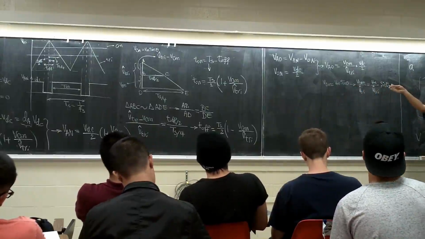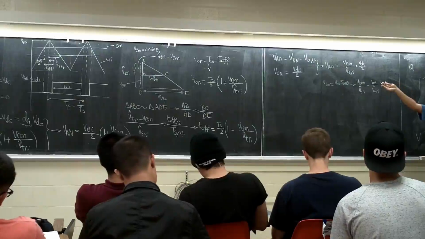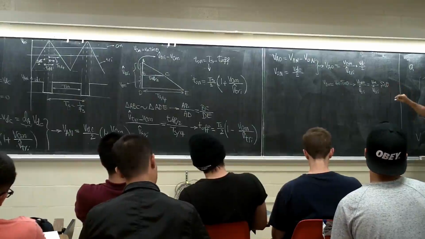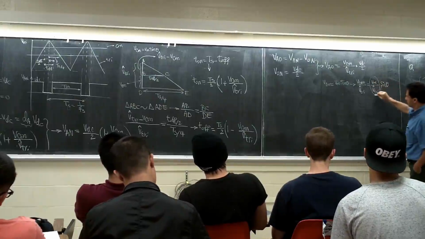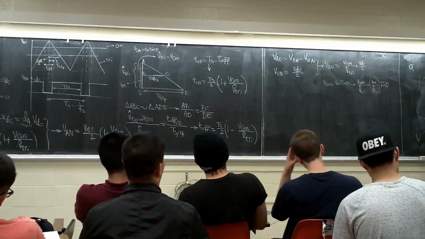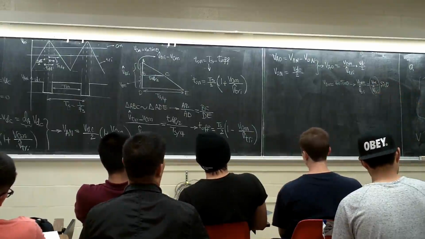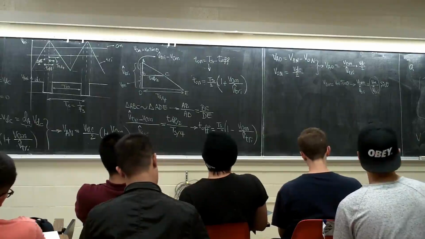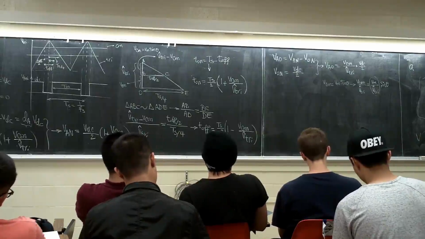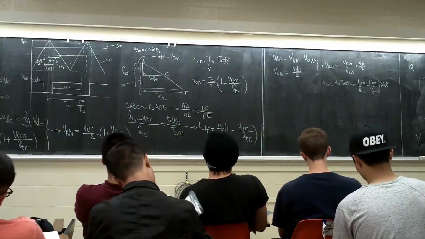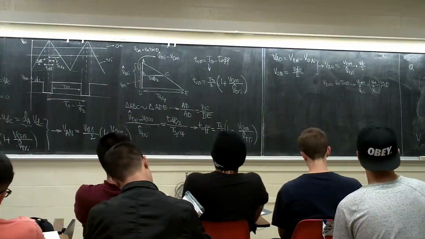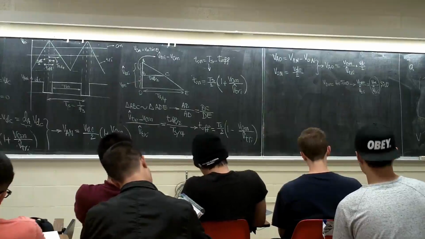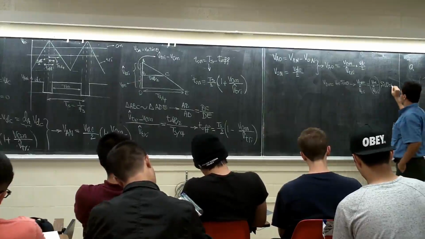We said VCon is VM sine theta. That's a sine waveform. What is this? Check your notes. That's MA, the modulation index. When we say sine PWM, we say the maximum of the sine waveform divided by the maximum of the triangular waveform, we call it MA, modulation index. So basically this is MA sine theta.